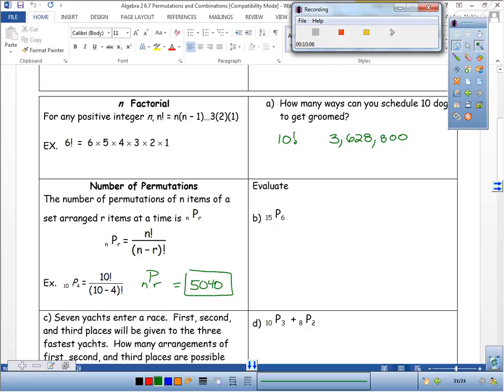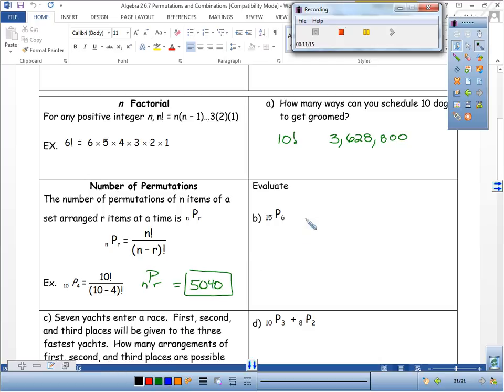So those of us who don't have that button on our calculators, let me show you how you're going to do this. Everybody's writing this down, even if you have a calculator.